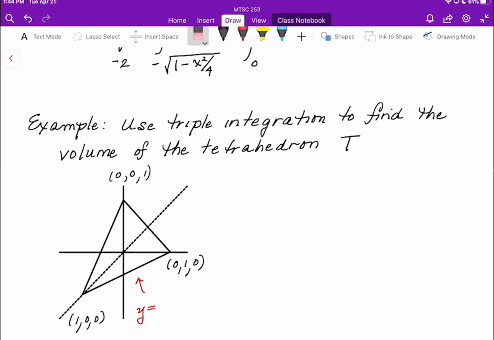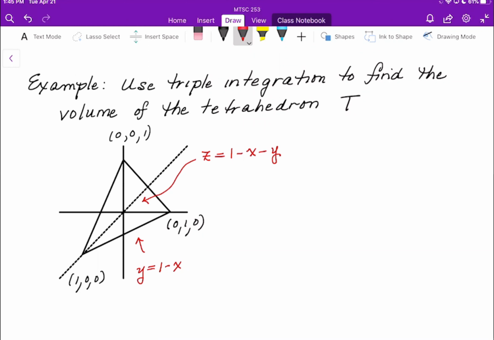If you just project that down to the xy plane, you can find that. And then you can also find that this surface is z is equal to 1 minus x minus y.